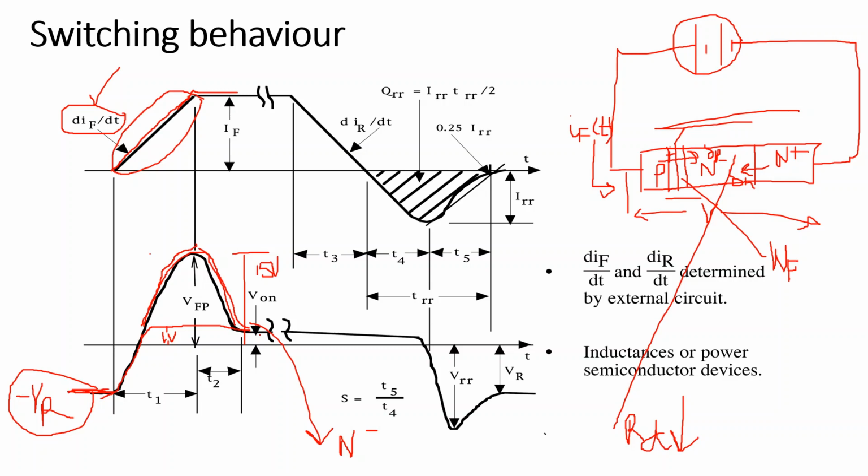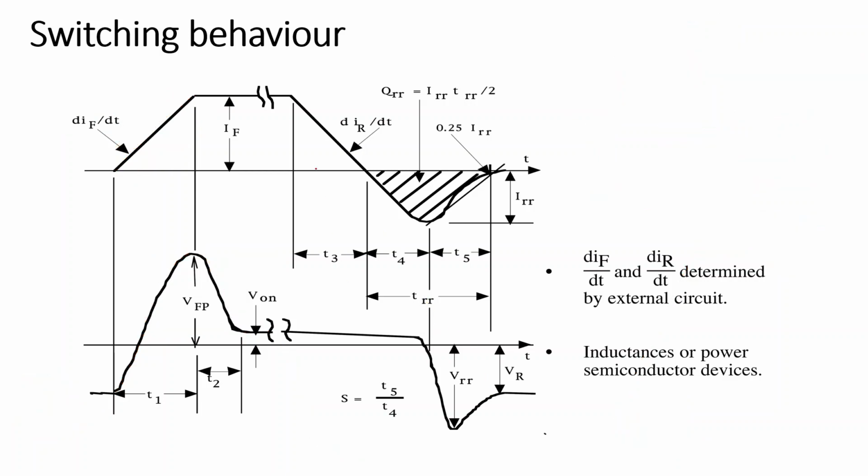Now suppose that at the beginning of T3 we try to reverse bias this diode.